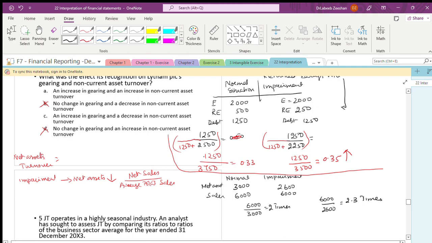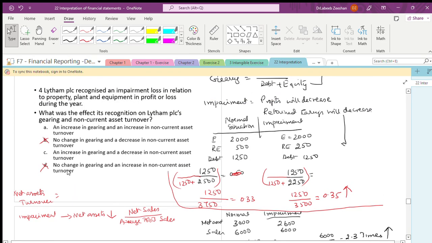Now what's happening here? The net assets turnover ratio is increasing. When is it increasing? When there is an impairment.